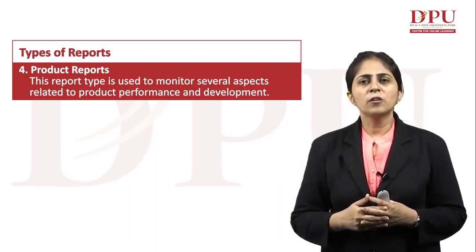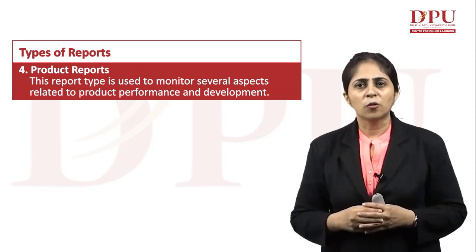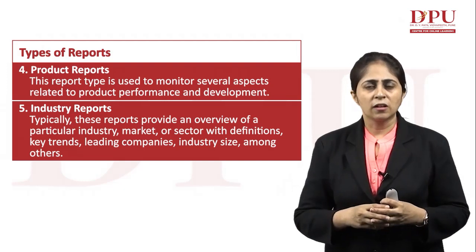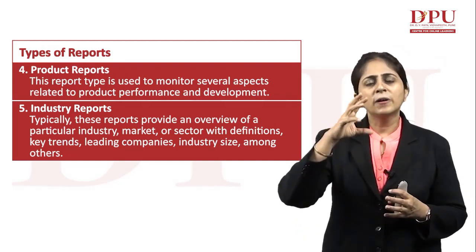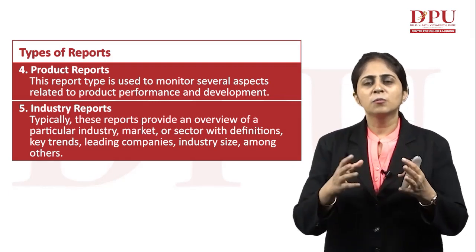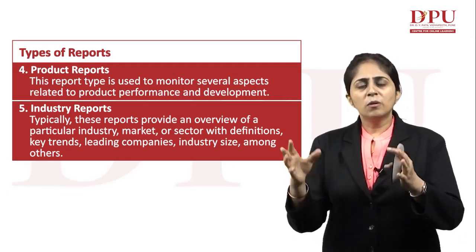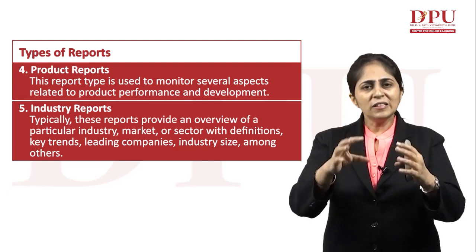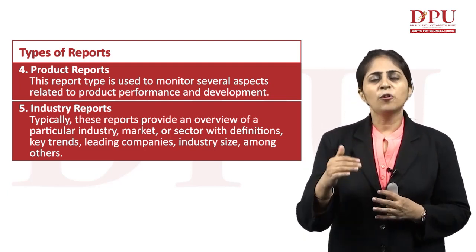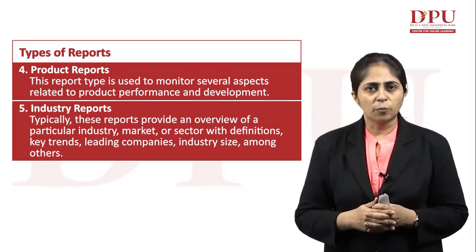Another category of report we can have is the industry report. Industry reports are generated for a particular industry, market or sector, with certain definitions, key parameters, sizes and industry standards created for that particular industry. Such reports are known as industry reports.